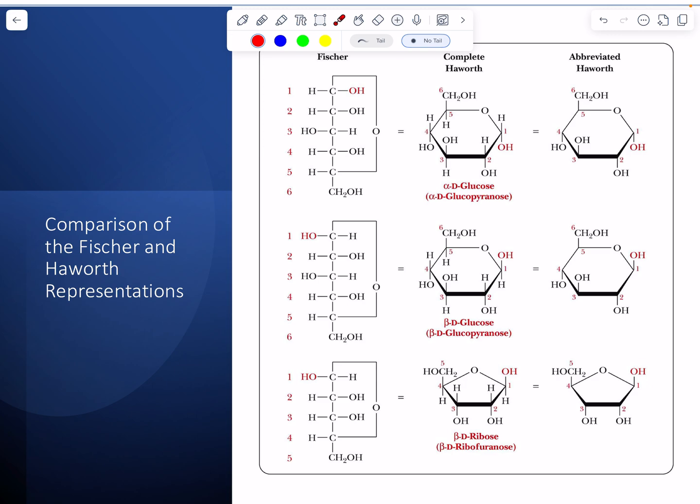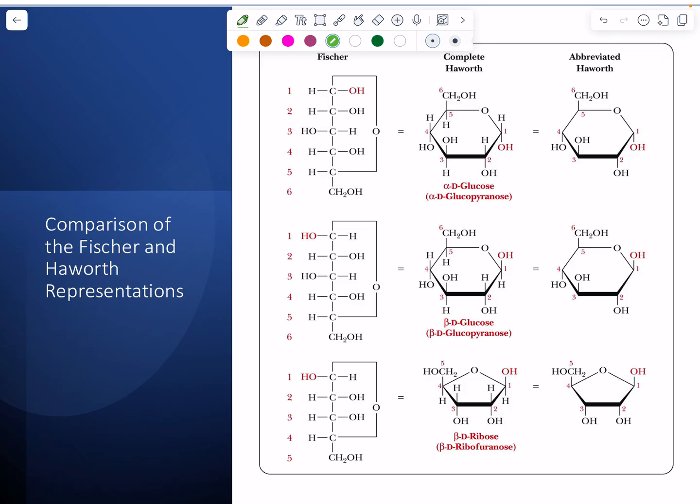So we can write the Fischer projection of a cyclized sugar. We're mainly going to use Haworth projections when we're dealing with cyclic sugars. But let's talk for a second about naming. Recall, we have to give all the parts that we can designate about the stereochemistry when we name a sugar.